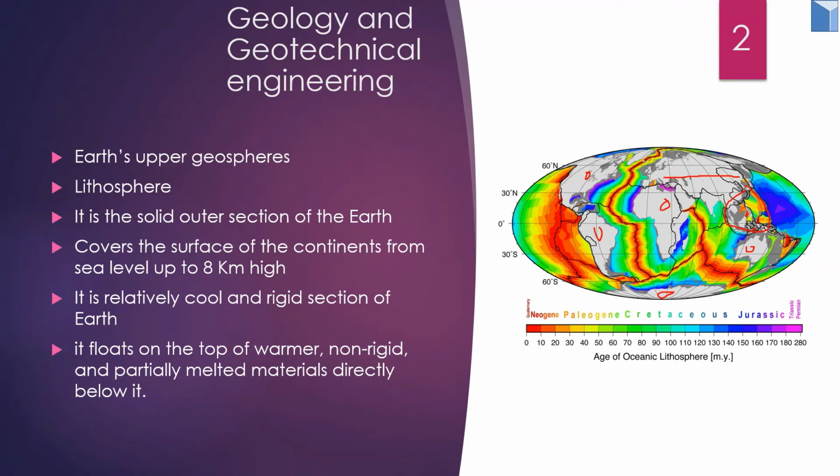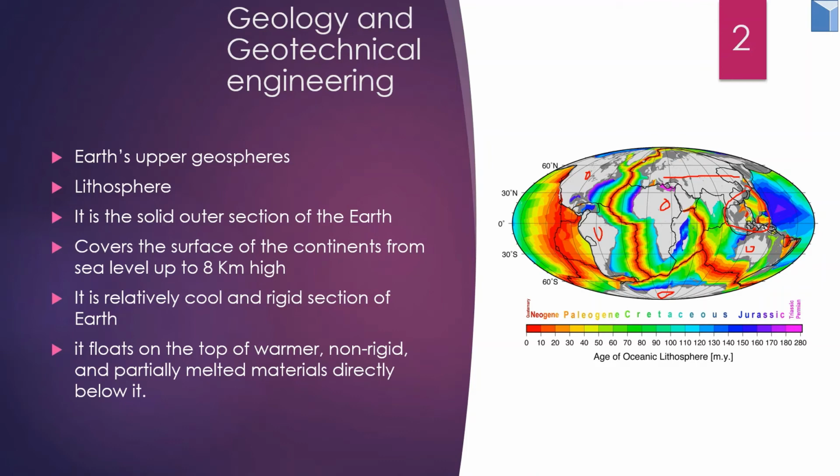The continents are composed of cold and rigid rocks, and are separated from each other by two types of huge faults, or break down places, at the surface of the crust of the Earth.